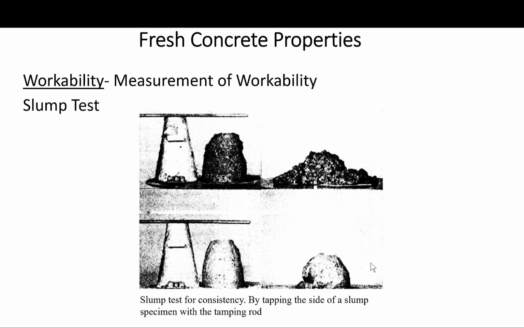Although the test is reasonably reproducible with a skilled operator, it's quite sensitive to variation in test procedure, and it is not uncommon for different operators to achieve values more than 25 mm, 1 inch, apart for the same concrete. As indicated earlier when describing the workability time relationship, the slump may vary considerably depending on how long after mixing the test is carried out.